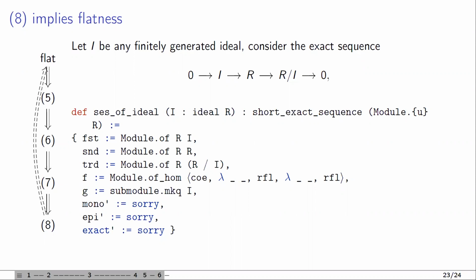We need to prove that I tensoring with M to R tensoring with M is injective for all finitely generated ideals I. So let I be a finitely generated ideal, then we can consider the short exact sequence 0 to I to R to R quotient by I to 0. This short exact sequence is taken from LTE.